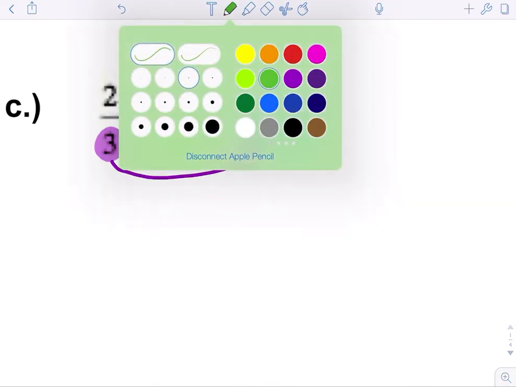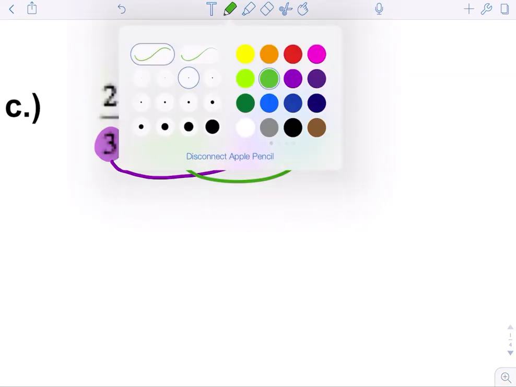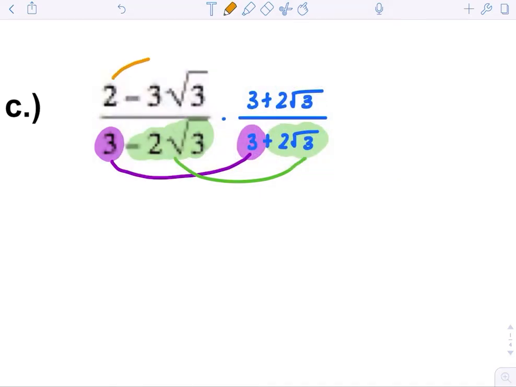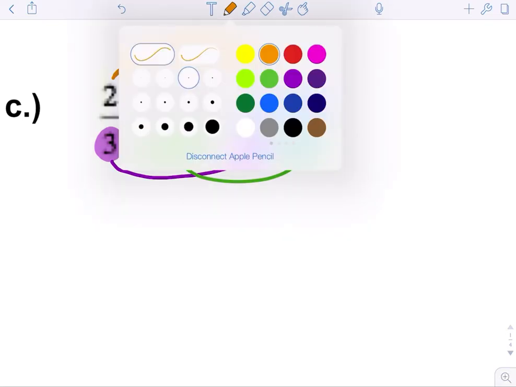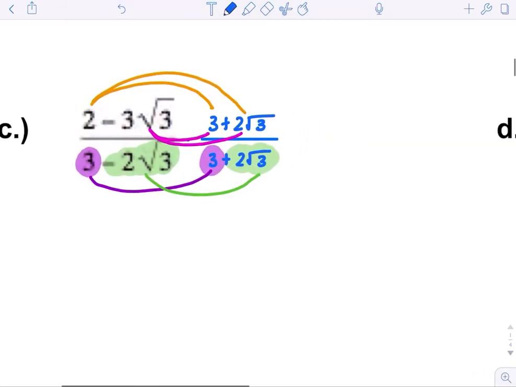The reason you do not distribute everything on the bottom is that if you multiply it all out, the middle terms are going to cancel. And then over here, you just have to distribute the 2 to both of them, and distribute this negative 3 rad 3 to both of them. Alright, so here comes a lot of multiplying.